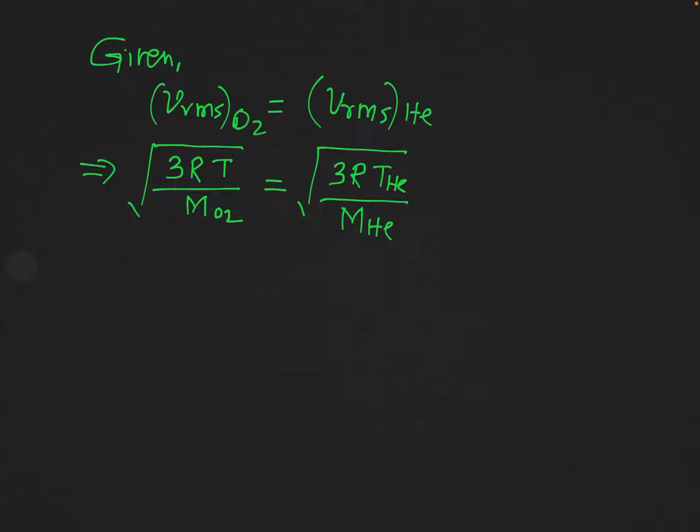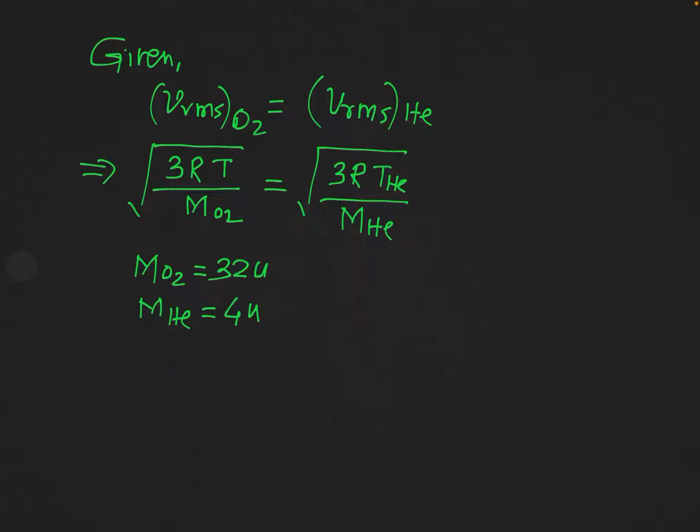Now you know that the molecular weight of oxygen gas is 32 u. You know u is the unified atomic mass unit, which means amu. And the molecular weight, or you can also say atomic weight, because helium molecule and helium atom are the same since helium is monatomic, is in fact 4 u.